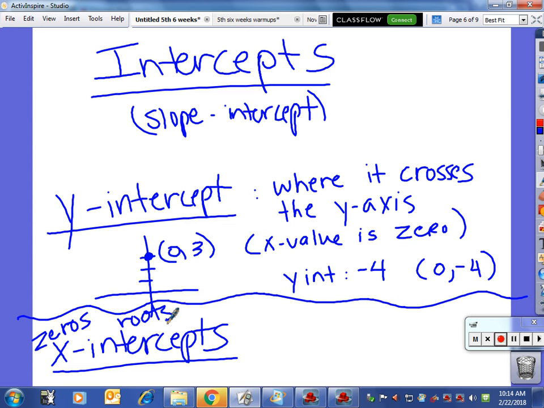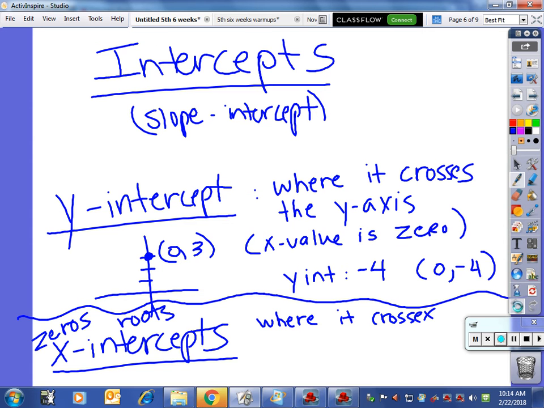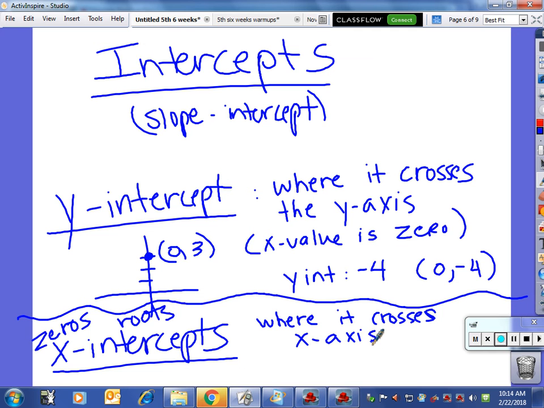It's just the same thing. It's where the function crosses the x-axis. That's why it's called an x-intercept. When does that happen? When the y value is 0.